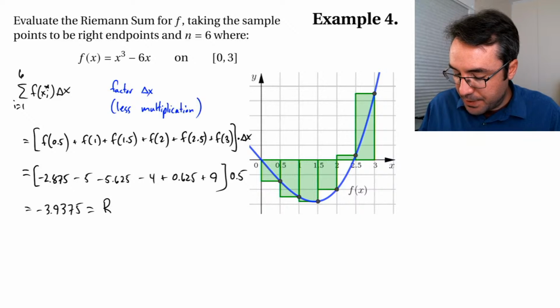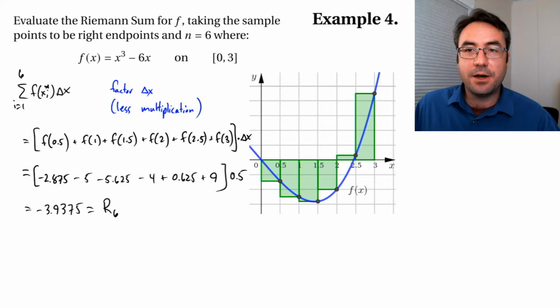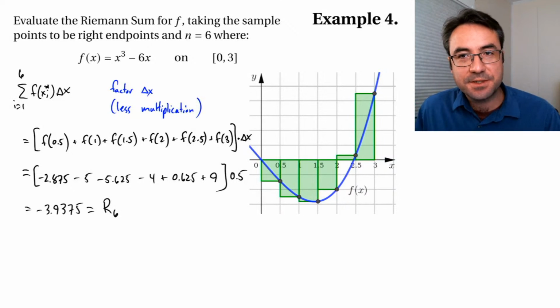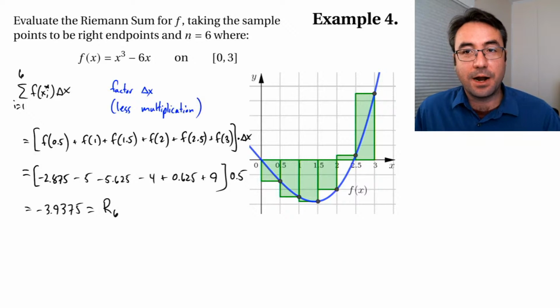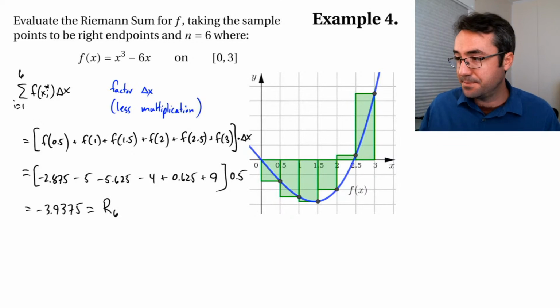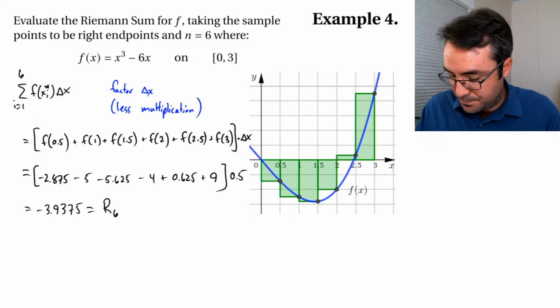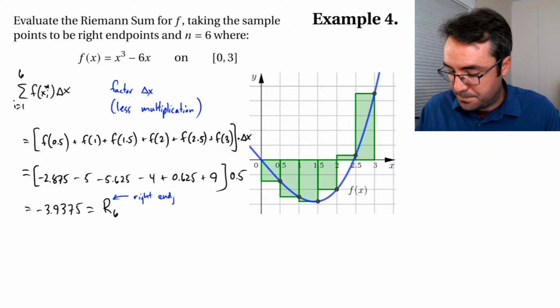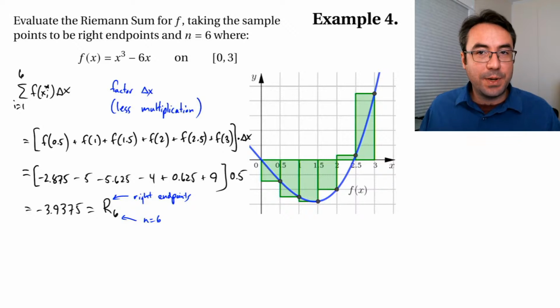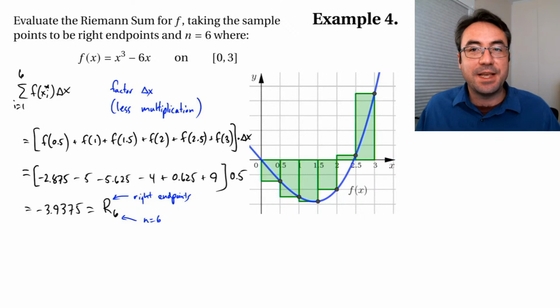And so sometimes we might call this value R6, R because we used the right endpoints, and 6 because we used 6 rectangles. If we were doing left endpoints, we might call this L6.